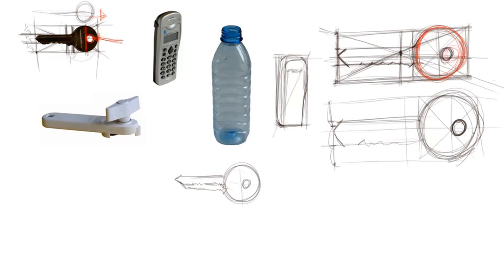And I can notice things like, well, this space between this circle and the edge on mine is way too big. Actually, that's exactly what I have to do. I have to make that hole bigger.